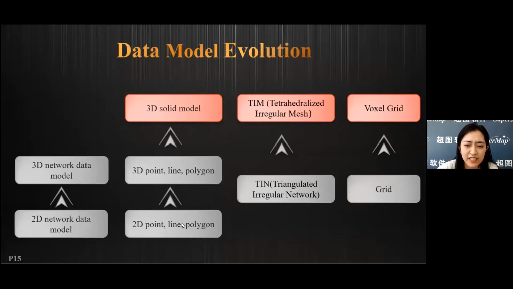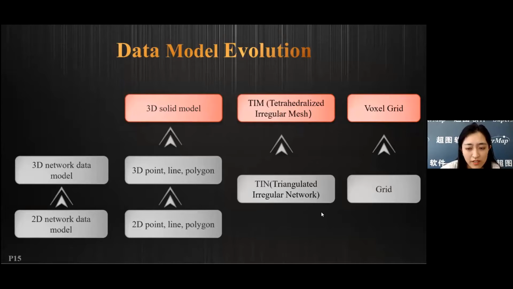Secondly, the discrete data model from points, lines, and polygons to the 3D point and 3D solid model can be used to represent objects such as buildings.